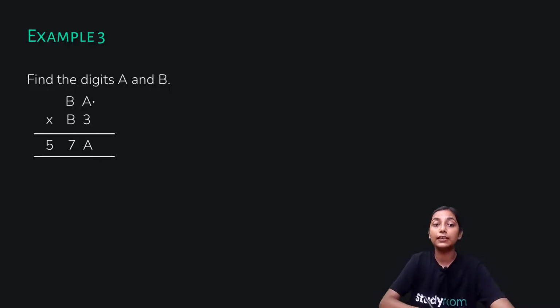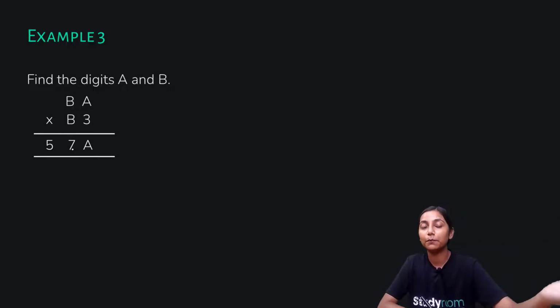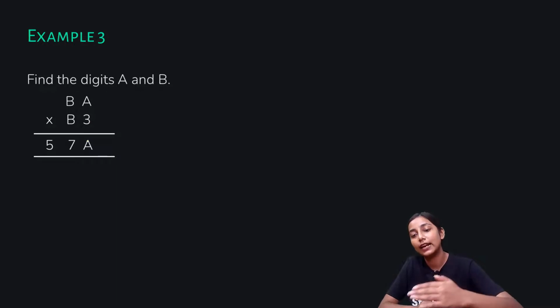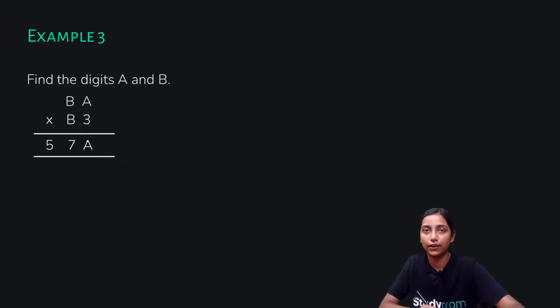Now we have a multiplication question. The previous two were related to addition, and now we have this multiplication question. We need to find the digits A and B, both of these. Now again we have this A. You know how we proceed with multiplying: we will first multiply 3 with A and then 3 with B. So what is that digit that, when multiplied by 3, gives us the same digit at its unit value?